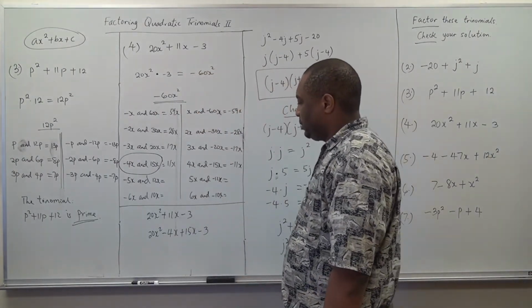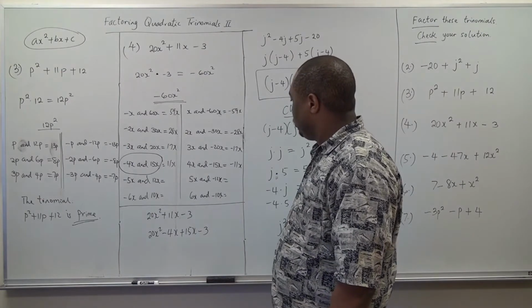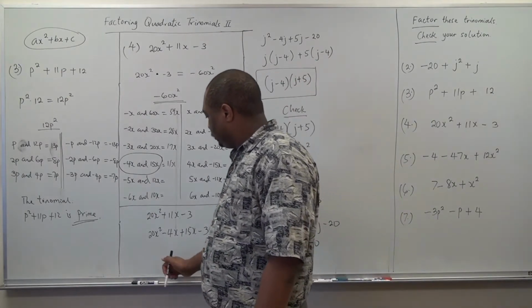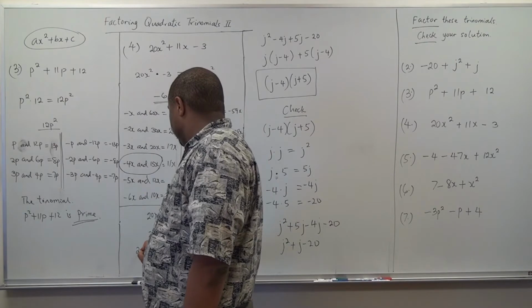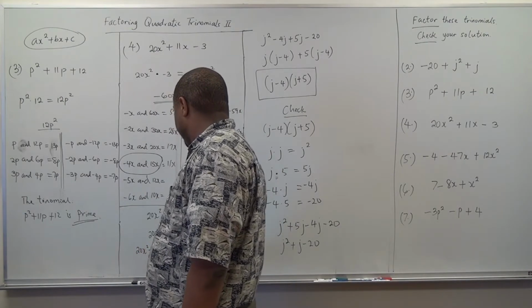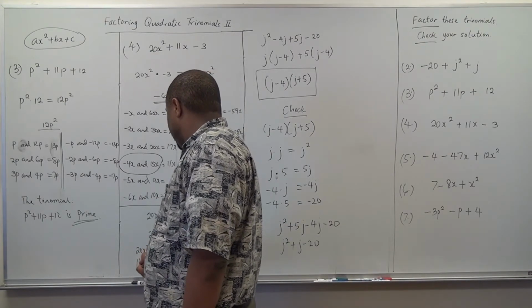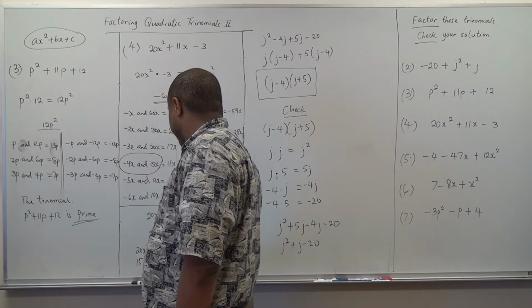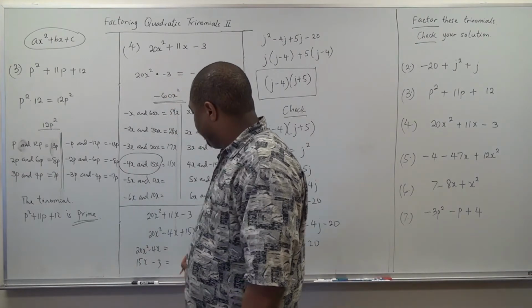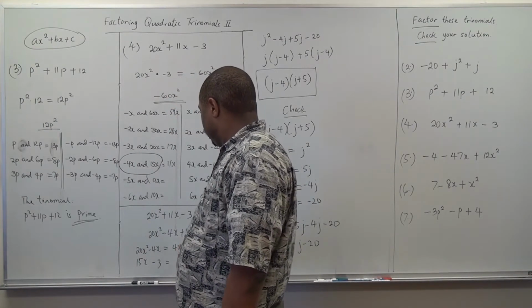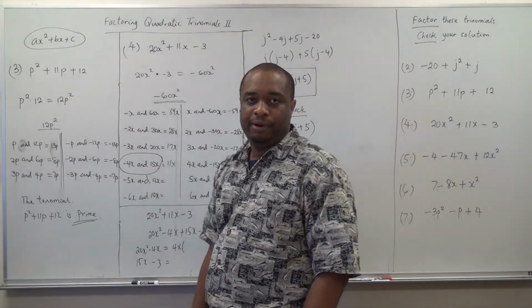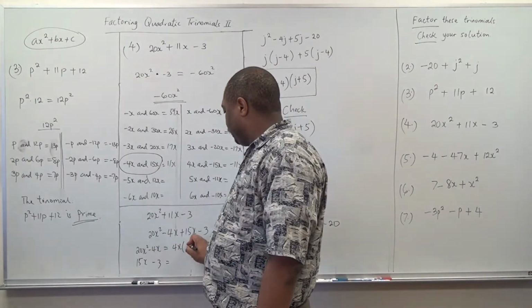Right. So let's go ahead and factor out: 20x squared minus 4x, and then 15x minus 3. What comes out here? 4x comes out. 20x squared divided by 4x will give us what? 5x.